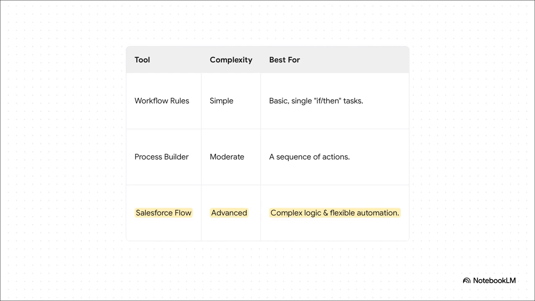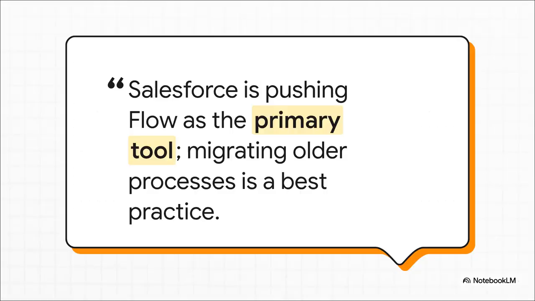It's just the most powerful and flexible tool in the no-code automation toolkit, period. And hey, don't just take my word for it. Salesforce itself is pushing everyone towards Flow as the primary automation tool for the future. That's why moving your old automations from Workflow Rules and Process Builder over to Flow isn't just a good idea anymore. It's now officially considered a best practice to keep your business running smoothly and efficiently.